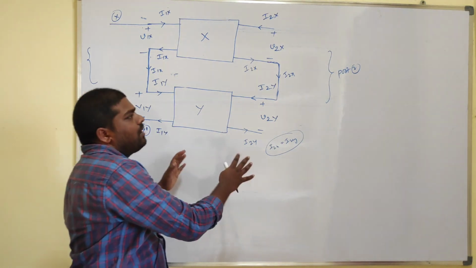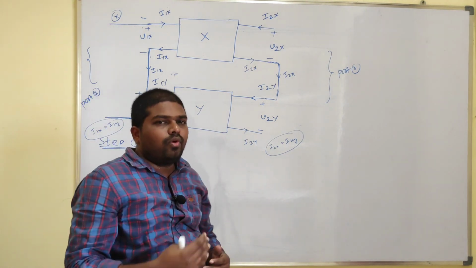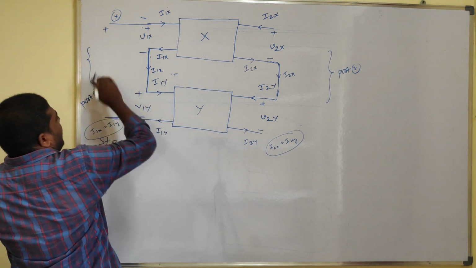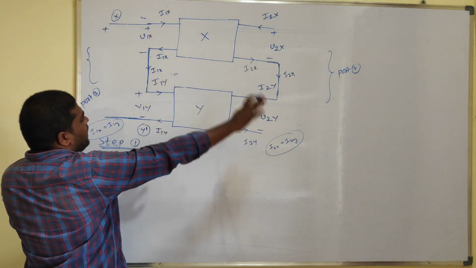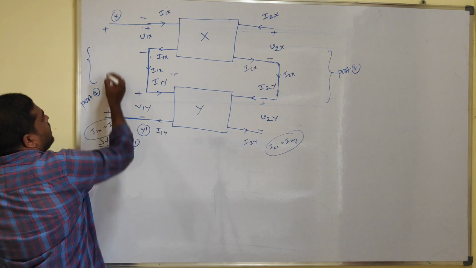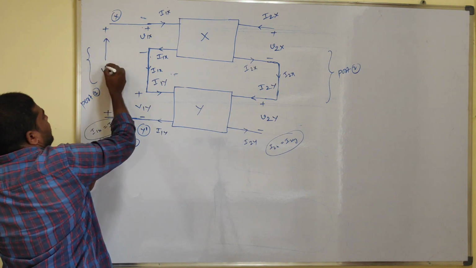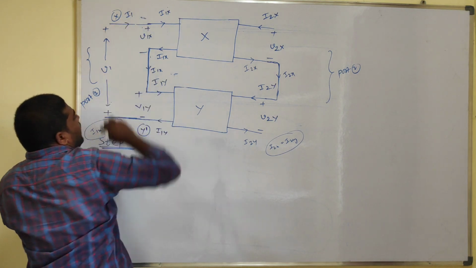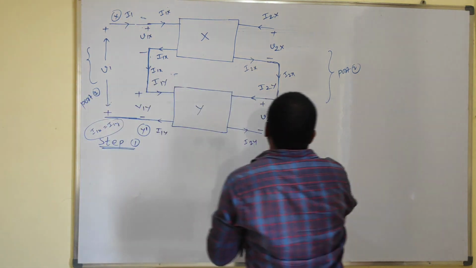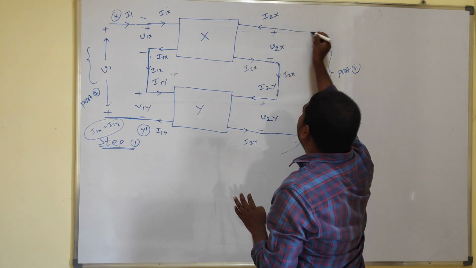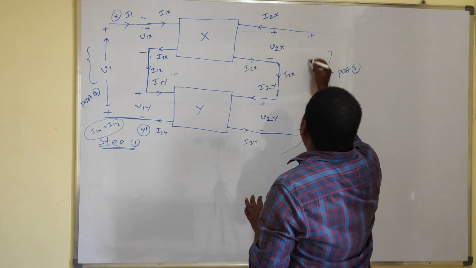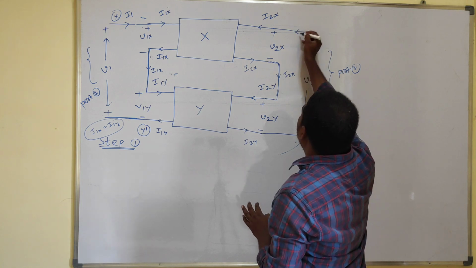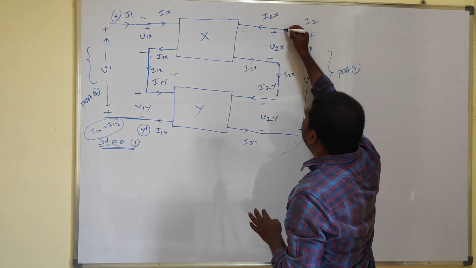For this complete network, we can again define 4 variables. For this entire network we have 4 variables. That is V1 and the current I1, and in a similar way this is port 2, so the variables are V2 and I2.